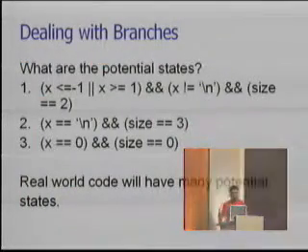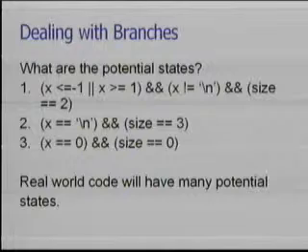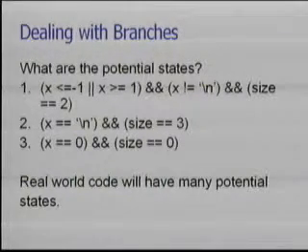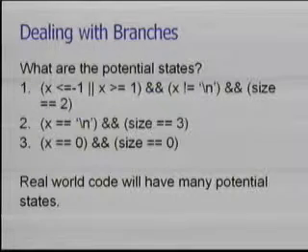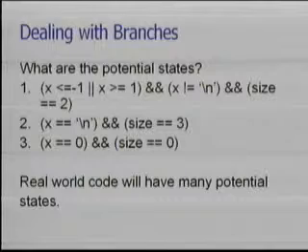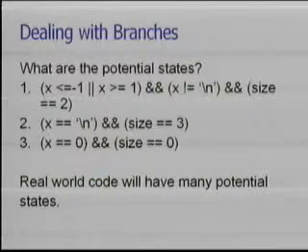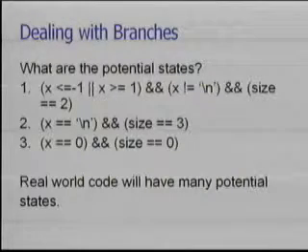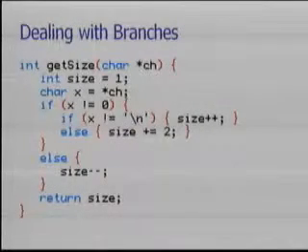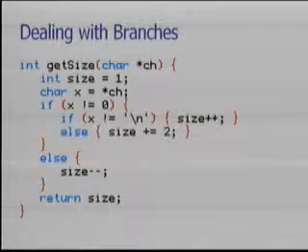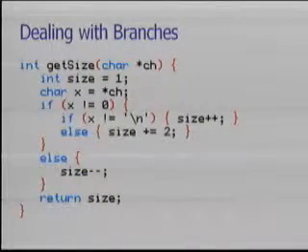So what are all the potential states? Well, the first state is that x is less than or equal to -1, or x is greater than or equal to -1, meaning that x is not 0. It's also that x is not equal to a new line, and that would make size equal to 2. That's taking the first block and then taking the else.